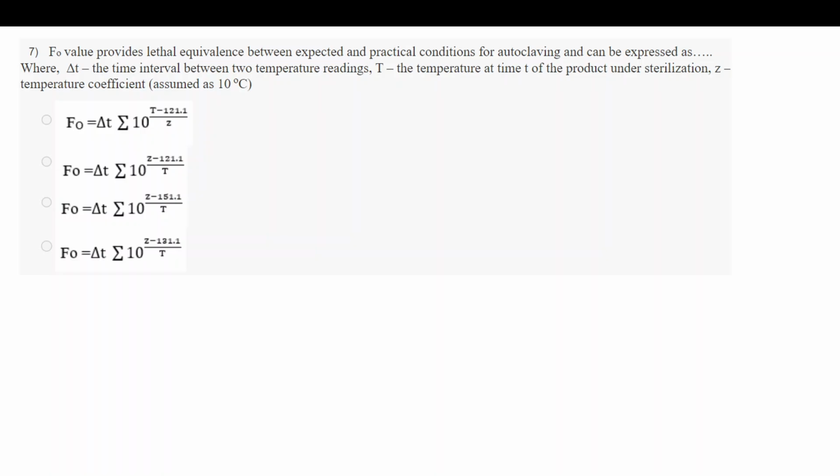The correct formula relates the time provided and the temperature difference, and based on that, it gives you a value of what could be the percentage death of microbes. So this is the formula which is A. You can look into the textbook and you need to remember this formula. So yeah, A is the correct answer here.